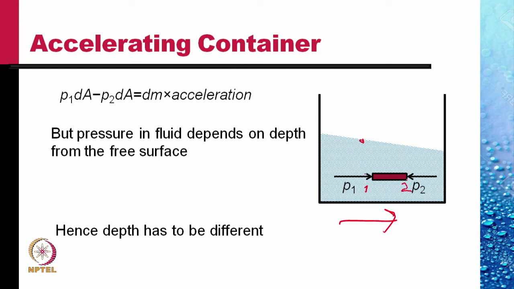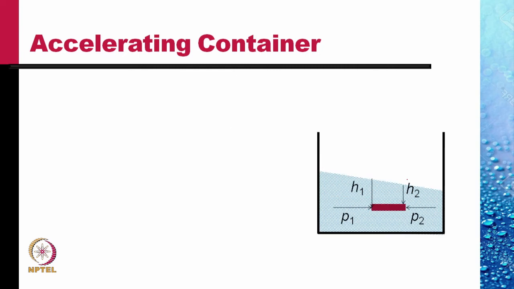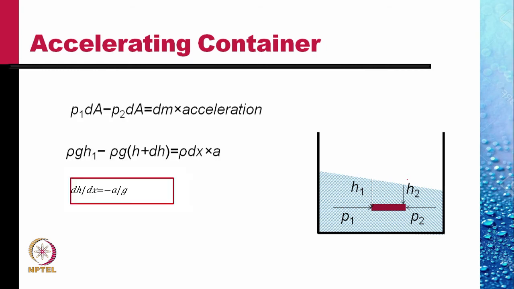More above point 1 and less above point 2. Here we have shown this. The depth is h1 above point 1 and h2 above point 2. Clearly, dm, the mass of the fluid element, would be the density rho times dx, the length of the fluid element, times the cross-sectional area dA.